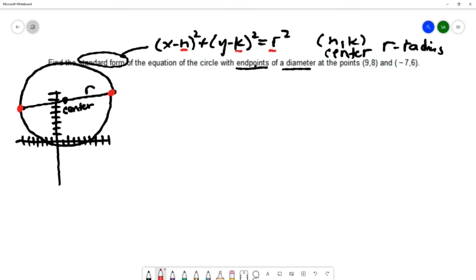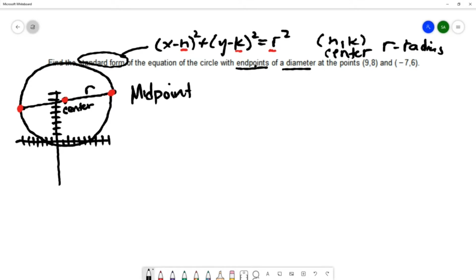So because the diameter is on the circle, we know that this center is right in the middle of those 2 points. So we're going to be able to use the midpoint formula to find that center.